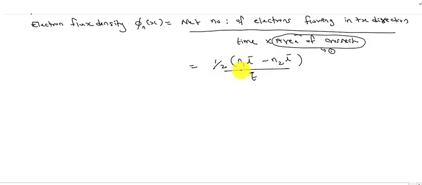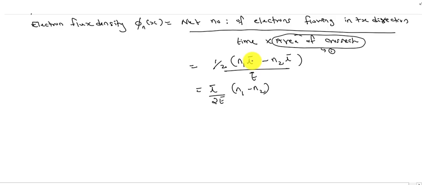So this is the value for the electron flux density, or this can be written as L bar by 2 T bar into n1 minus n2. I consider the area of cross section as unity in defining flux density.